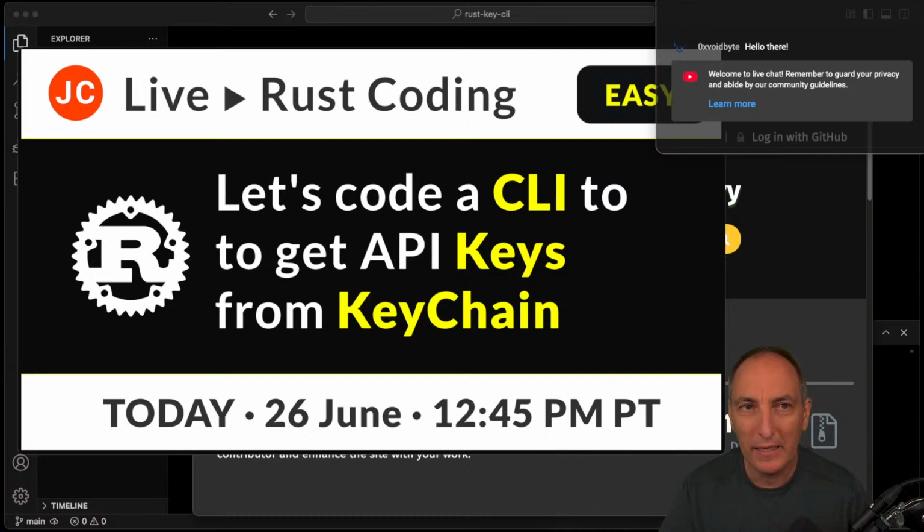Basically, it's kind of a Mac thing for me, but you could make it work on Windows and Linux, I think, because we're going to use a crate called keyring, which will allow us to get a password into the terminal from the KeyChain on Mac, or the security store on Windows, or whatever.